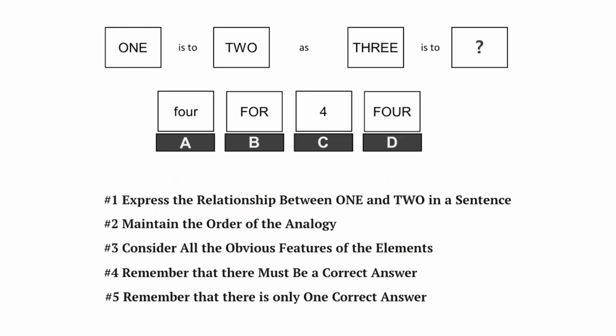So now let's continue looking at the same example and talk about some essentials for getting the analogy right. So here's essentially just a short set of rules that will help you, and then later we'll talk about some common mistakes and failures. So essential rule number 1 is to express the relationship between 1 and 2 in a sentence. So just to clarify, by 1 and 2, in our example here, each element is literally 1 and 2.